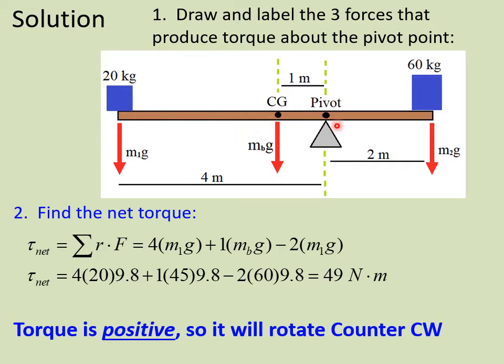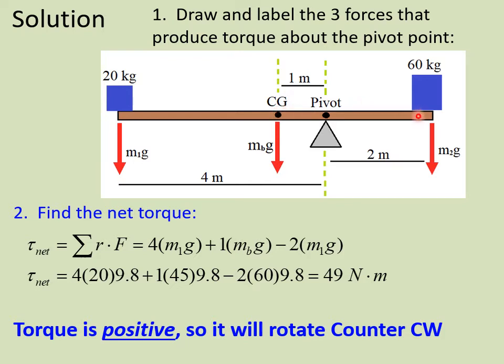Whenever we have a long extended object like this, we put all of its weight acting at the CG point. Now, how do we know where the CG is? Well, it's actually very simple. This is just a long board. So the CG is exactly halfway across the board. That's, remember, like the balance point. So if the board is 6 meters, then we know the CG is 3 meters from each end.